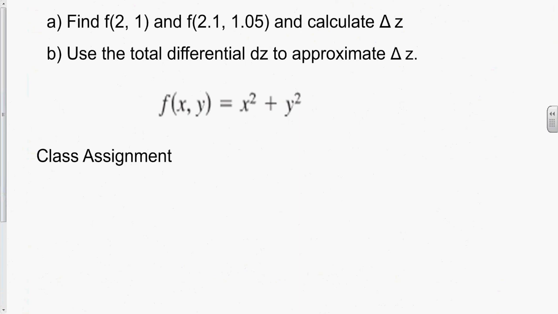Hopefully you saw the similarities in some of the numbers with this problem and the previous problem. What'd you get for dz? 0.5, yes.